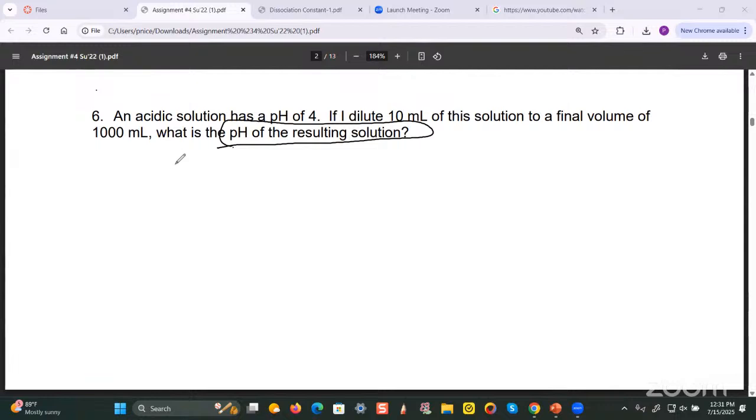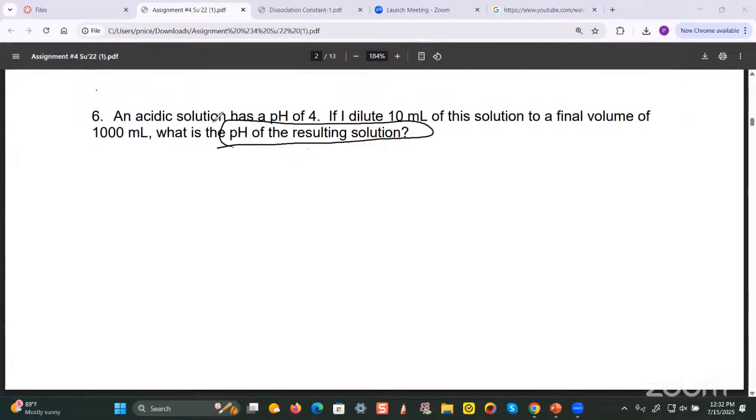What would be your first step in this process? Converting milliliters to liters? You don't need to do that. You can do that later on, but it won't make a difference. You're adding extra steps to solving a problem, which is not necessary.